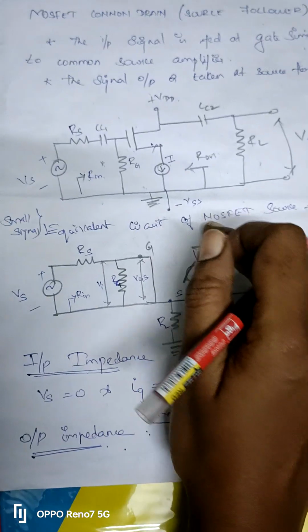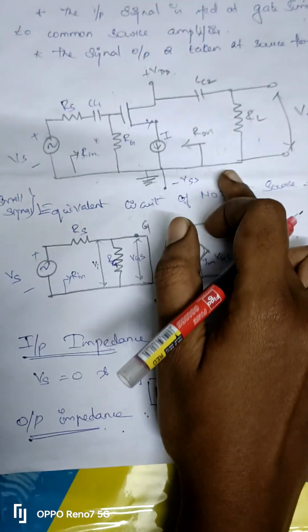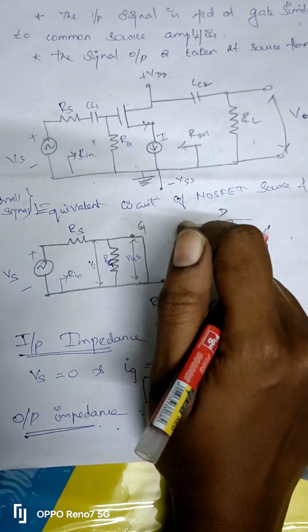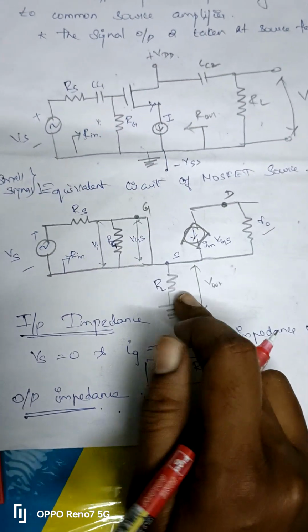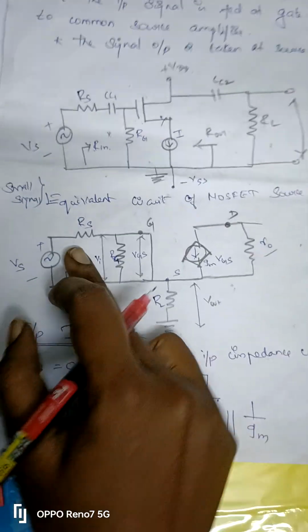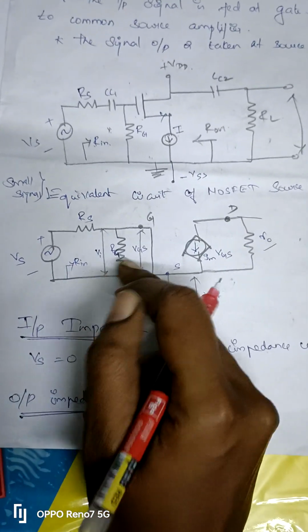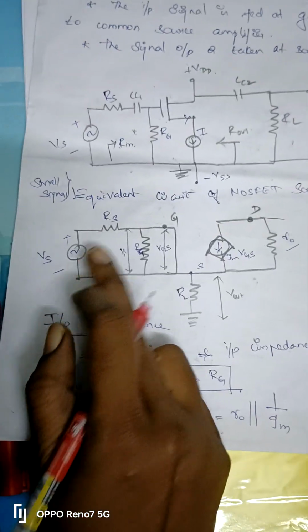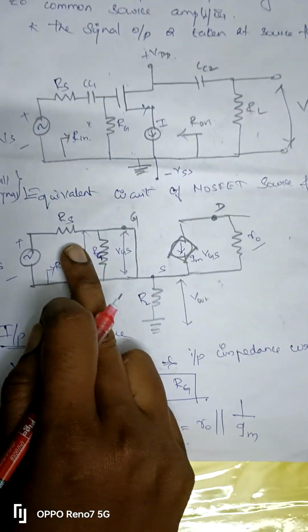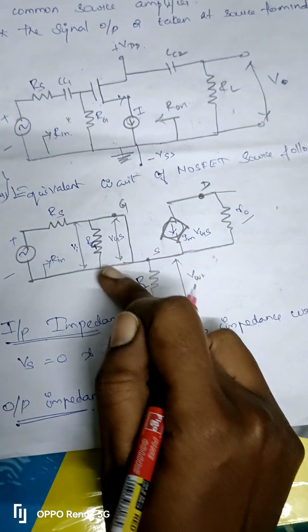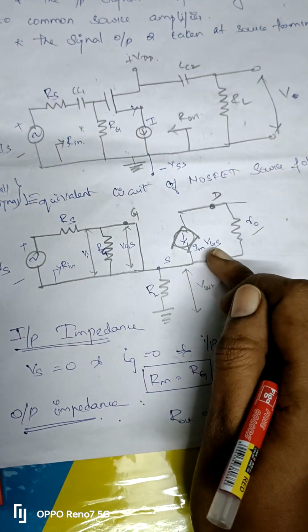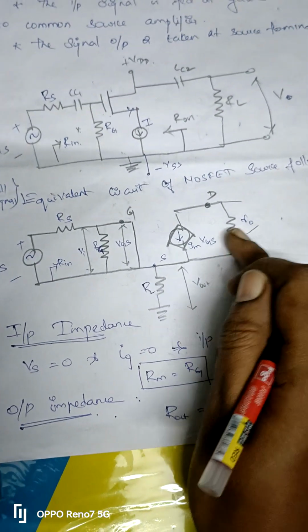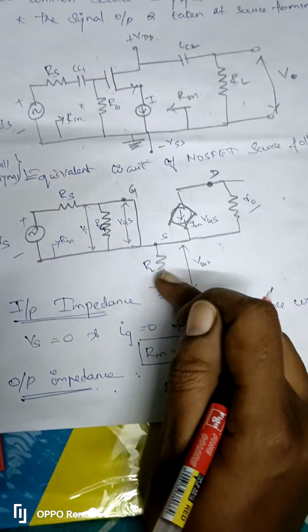We are now simplifying the circuit into the small signal equivalent circuit of the MOSFET source follower. Here the input signal voltage source, resistance, VGS, gm VGS, and r0 for the output, and the load resistance.